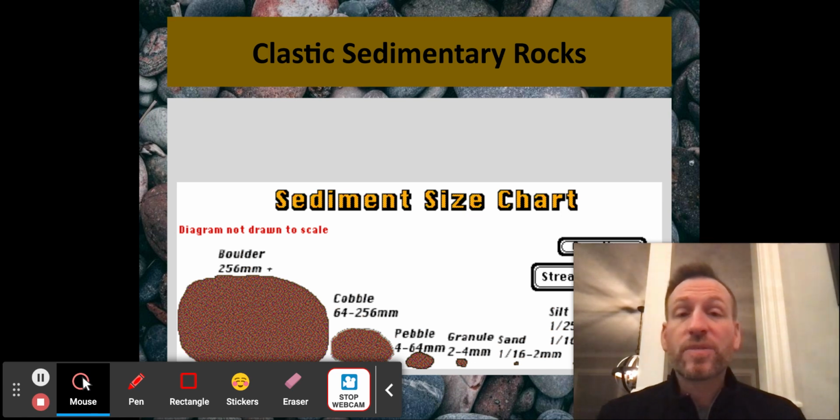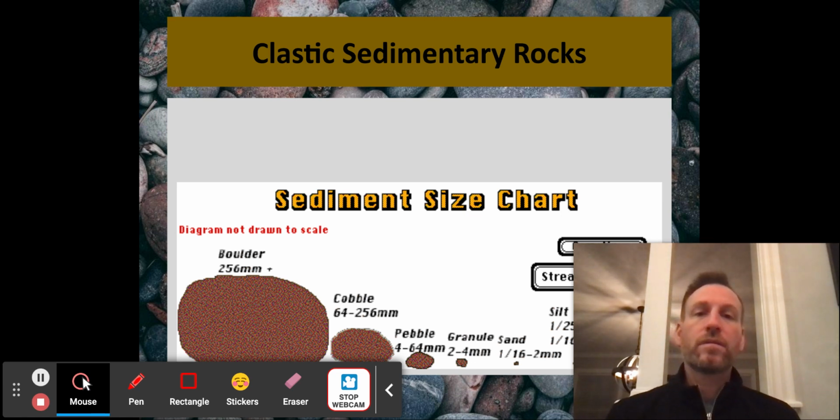And if you remember what we talked about yesterday at the end of class, unlike igneous rocks, whose subgroups are based off of where they form, clastic sedimentary rocks are based off of what type of sediment makes up that sedimentary rock. All sedimentary rocks are formed with sediments, but there's different types of sediments out there.